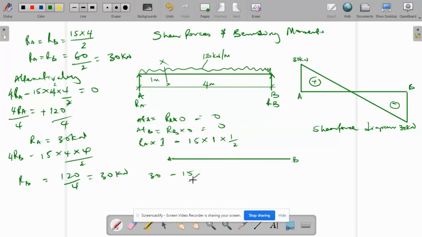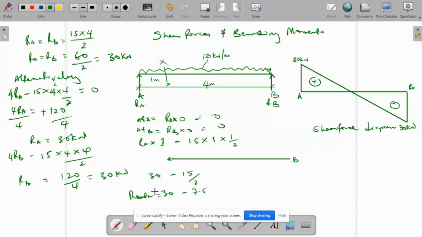So minus 15 over 2, and this will be equal to 30 minus 7.5. So that is our bending moment at 1 meter.